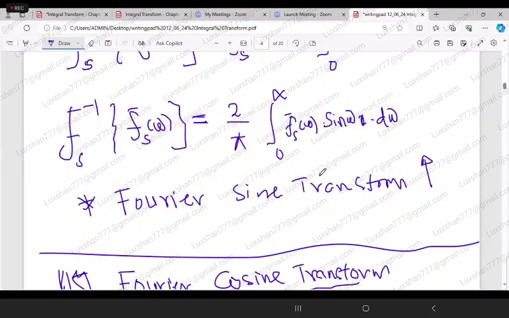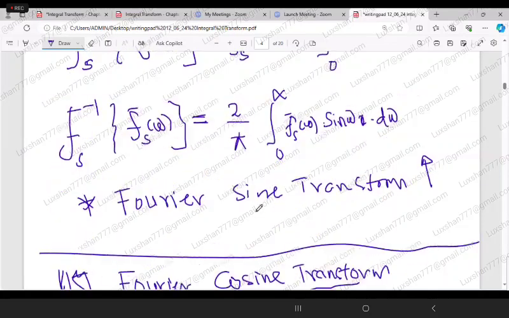Okay, so we can define three integrals: the Fourier integral, the Fourier sine integral, and the Fourier cosine integral. Also, we can write the Fourier complex integral.